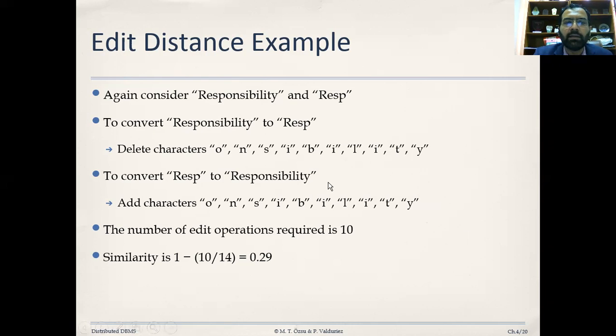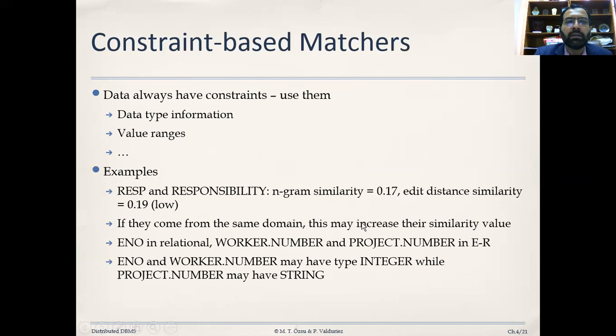For example, if you want to convert RESPONSIBILITY into RESPONSE, there you have to delete 1, 2, 3, 4, 5, 6, and add 1. So that will be 7 upon 14. So this gives you the higher value, and so on and so forth.